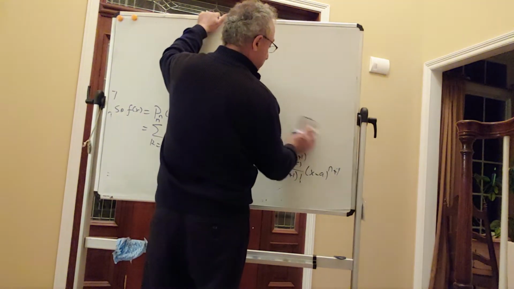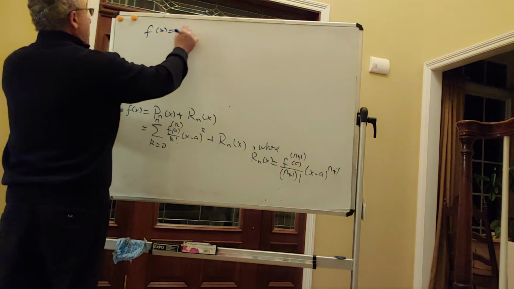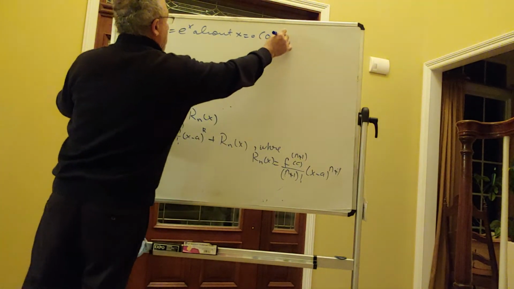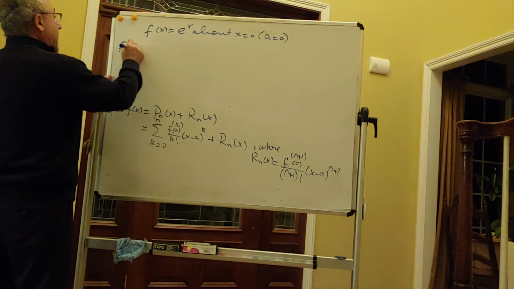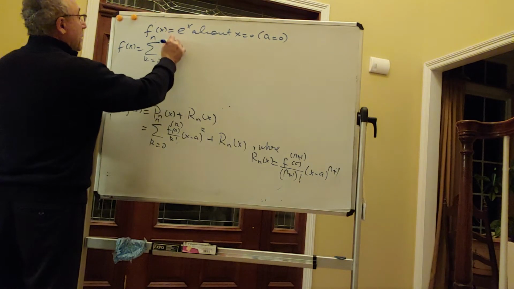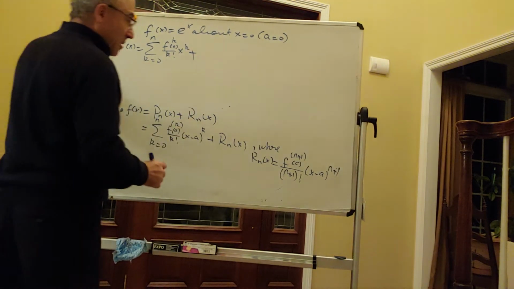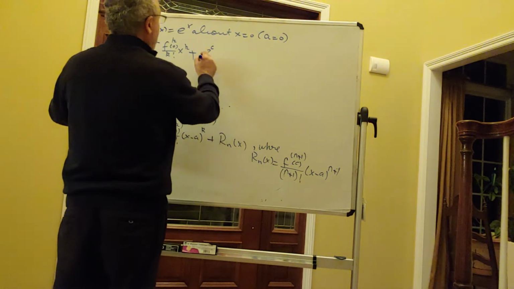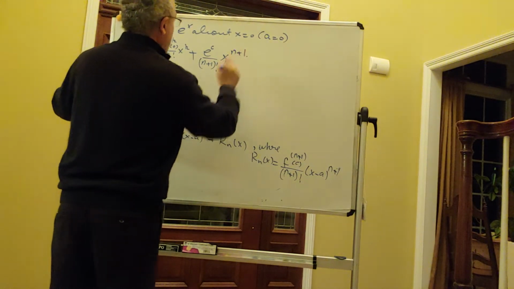All right. So let's consider an example now, about x equals 0. That means a is 0. Let's calculate. So f of x is the sum from k equals 0 to n of f^(k) of 0 over k factorial x^k, plus e to the c over (n plus 1) factorial x to the power n plus 1.